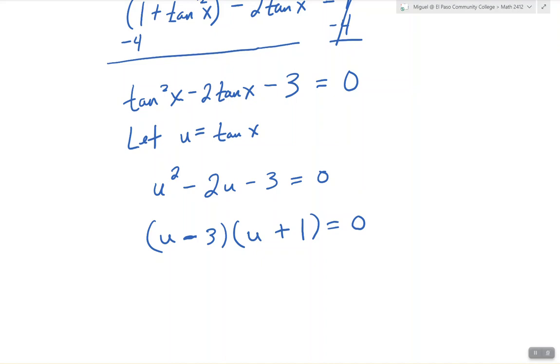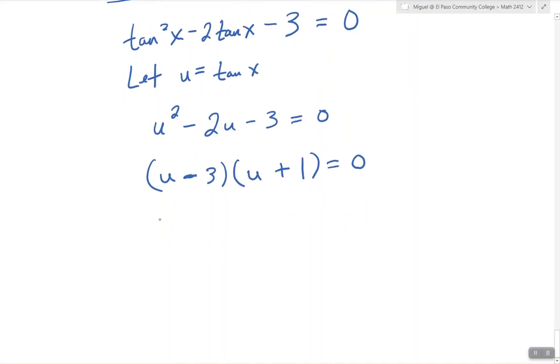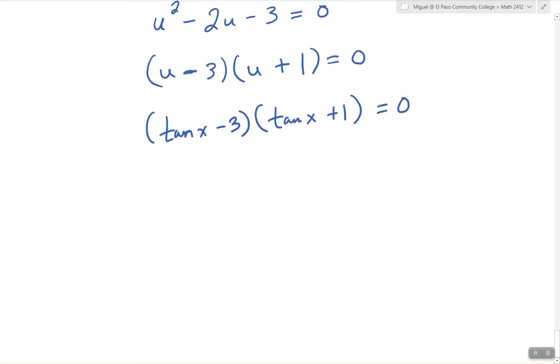Okay. So if I let u be tangent of x again, I have tangent of x minus 3 times tangent of x plus 1 equals 0. And then we take each factor, right, so they equal 0. So this factor has an x in it, and this factor does too.